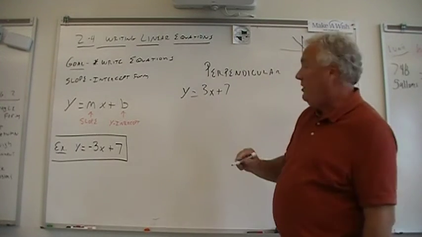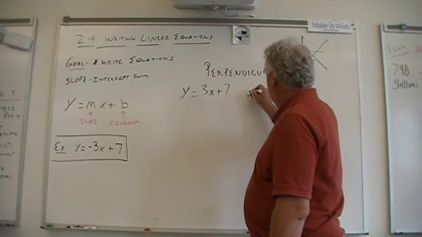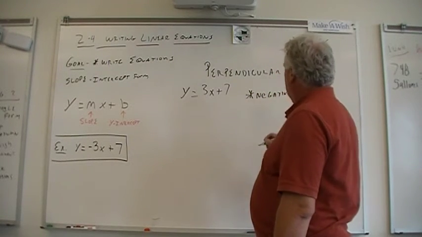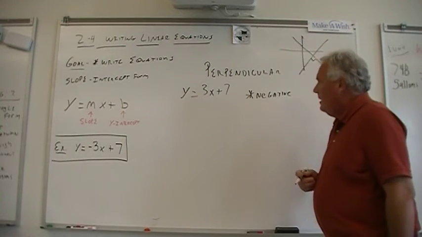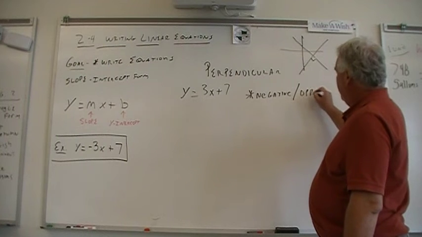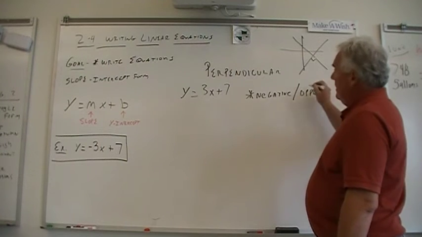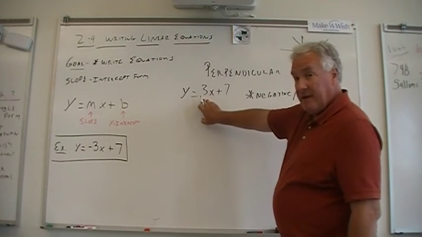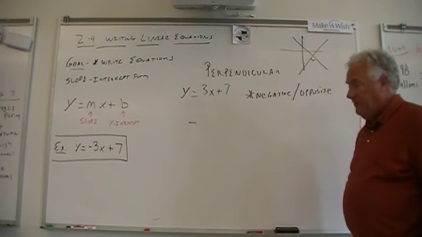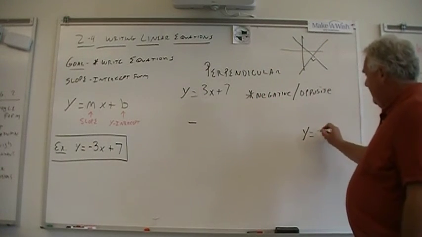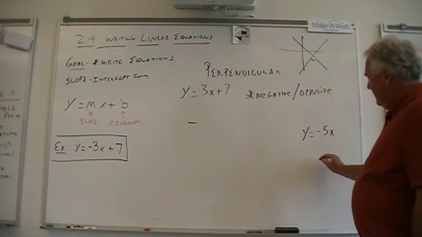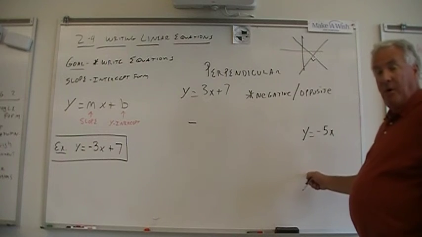So here's the rule you have to remember. It's going to be the opposite, the negative. So if this is 3x, the slope of a perpendicular line is going to be negative. If I gave you a negative slope, negative 5x, then the other slope is going to be positive.